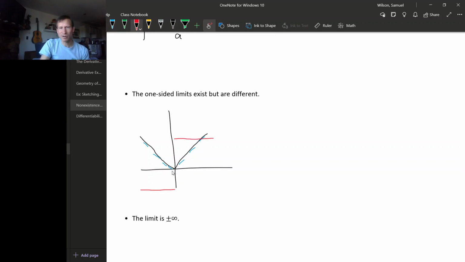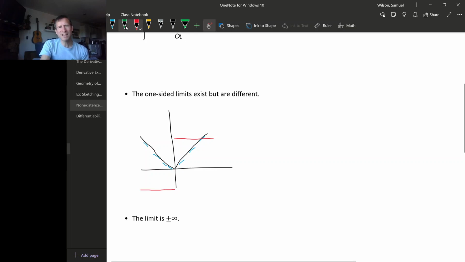But at 0, if you carefully work out the limit that gives you the derivative, it turns out that from the left it's -1 and from the right it's 1. And so the derivative is undefined at 0 just because the two one-sided limits are different.